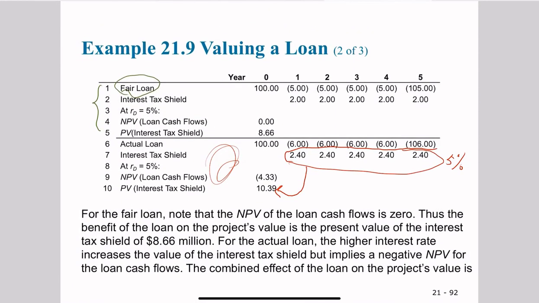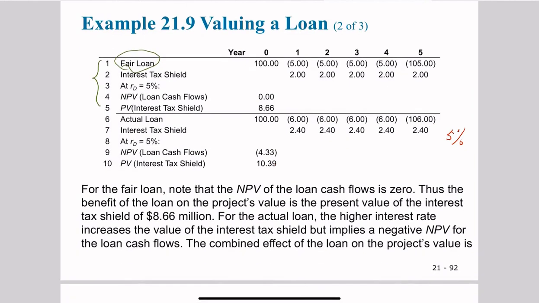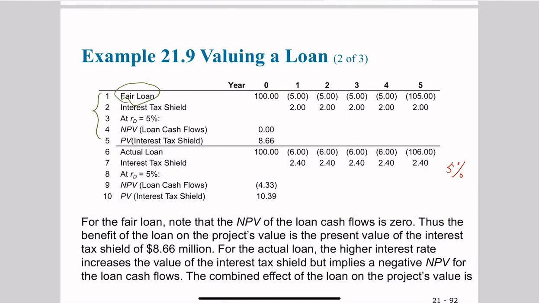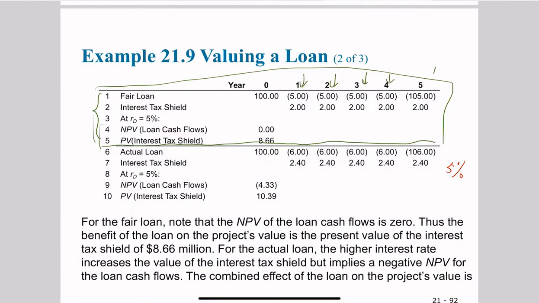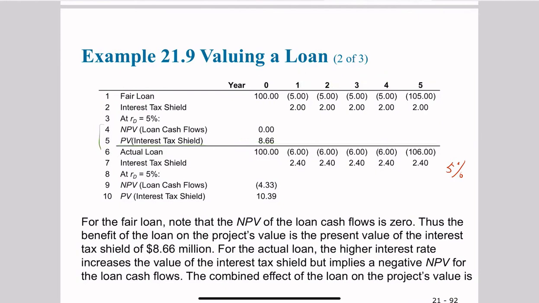Okay, and the textbook also gives you the additional case if the firm is using a fair loan, right? So if the debt is fair, then in this case, the firm will actually only pay 5% interest rate, right? So you have these interest rate payments. And then you would discount these cash flows at 5% interest rate.